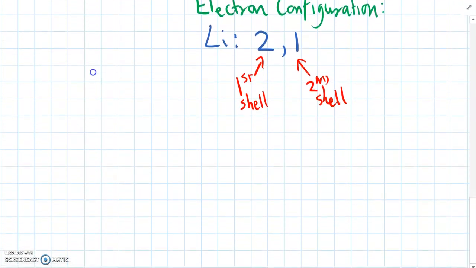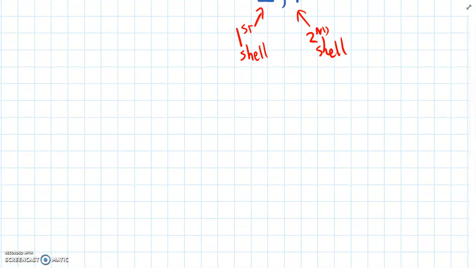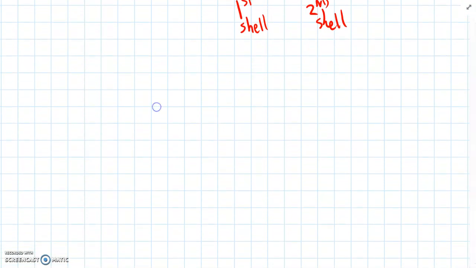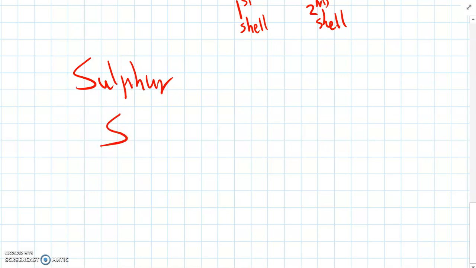We'll do another example as well. Another common element is sulfur. It has the atomic symbol S, and sulfur is number 16. So it has 16 protons, and the most common isotope of sulfur also has 16 neutrons.